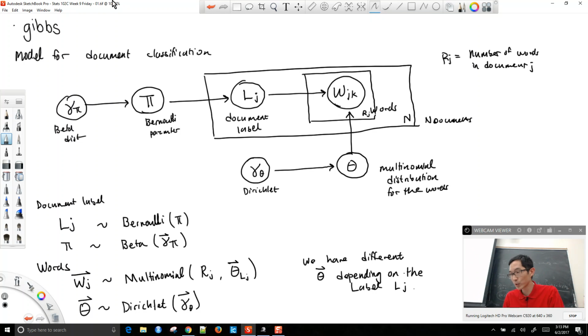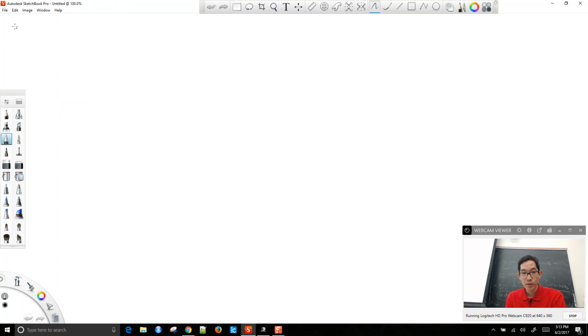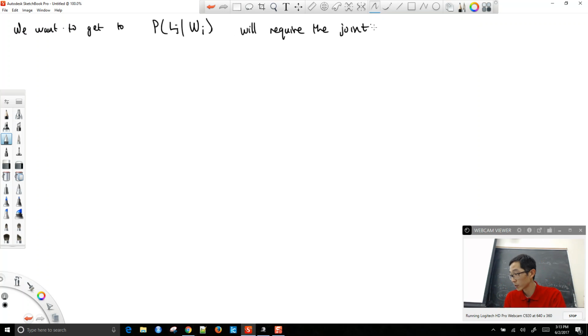So what we're going for ultimately is the probability of the label given the words that we see, the words in the document. And this will require the joint distribution of everything together.